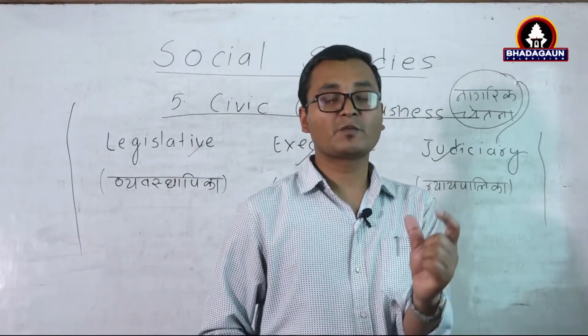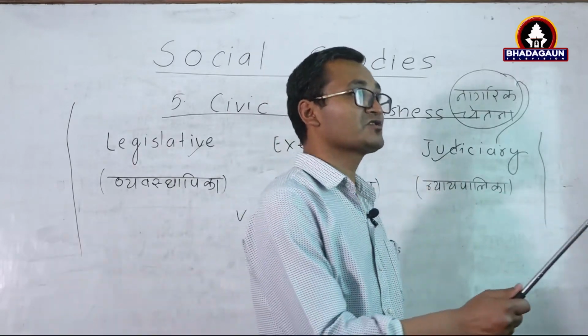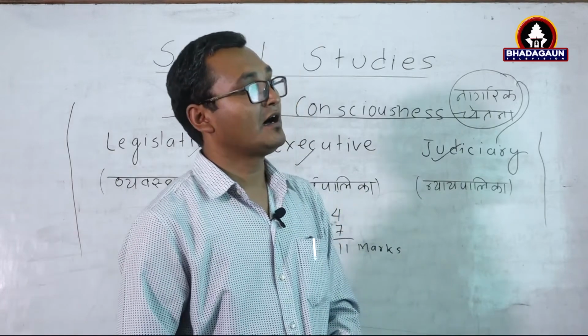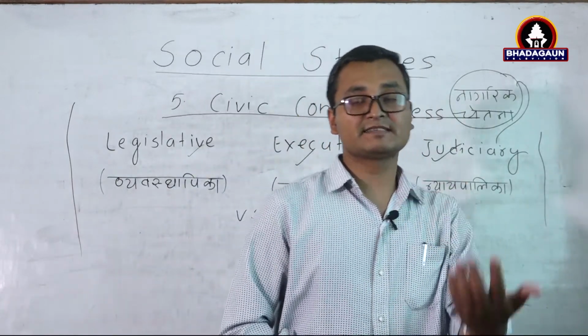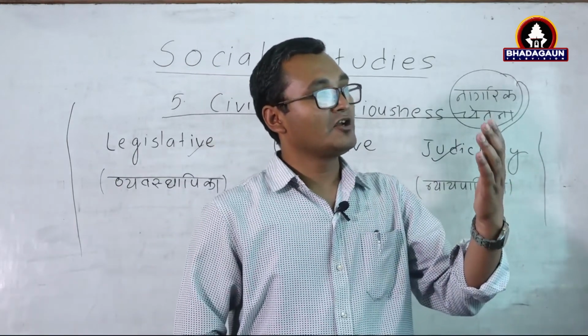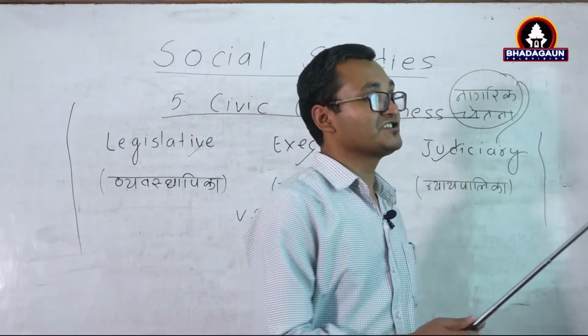If 2 or more parties make an alliance, गठबन्धन बनाउँछ भने त्यसलाई हामी गठबन्धनको सरकार भन्छौँ, युनाइटेड गभर्मेन्ट पनि भन्छौँ. And then consensual government means सहमतीय सरकार, सहमतिको आधारमा on the basis of consent, that kind of government is made.